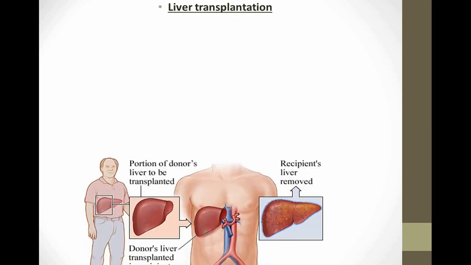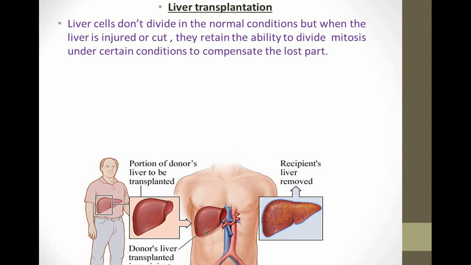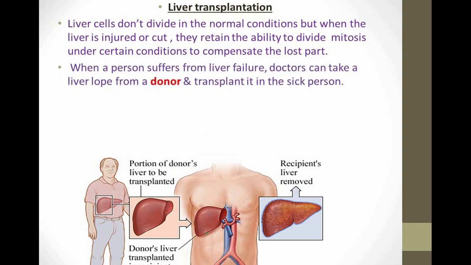We have a very important note, liver transplantation. Liver cells don't divide in normal conditions, but when the liver is injured or cut, they retain the ability to divide by mitosis, under certain conditions, to compensate the lost part.